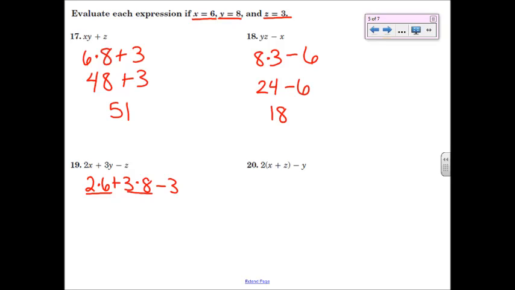So I'm going to do those together in my next step. 2 times 6 is 12, and 3 times 8 is 24. And then my last step is addition and subtraction are just done from left to right. So I start 12 plus 24 is 36. And then minus 3 is 33.